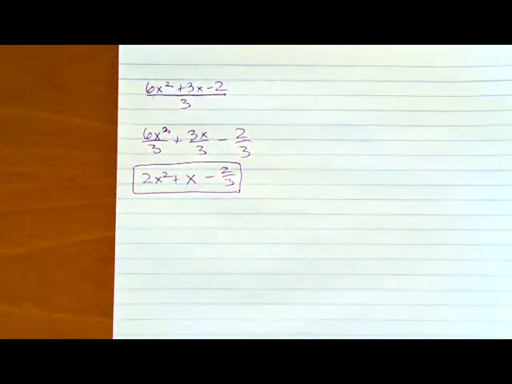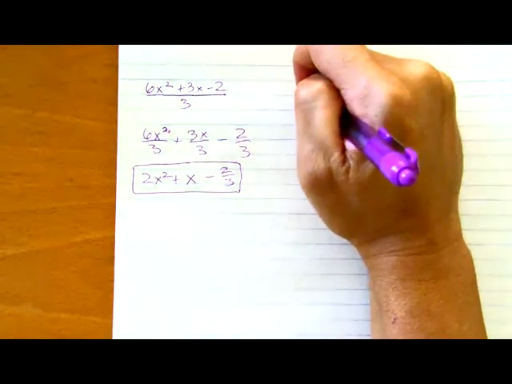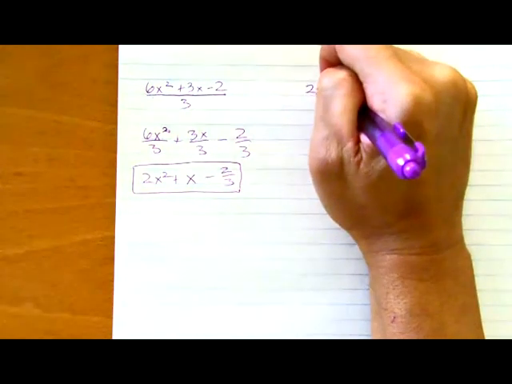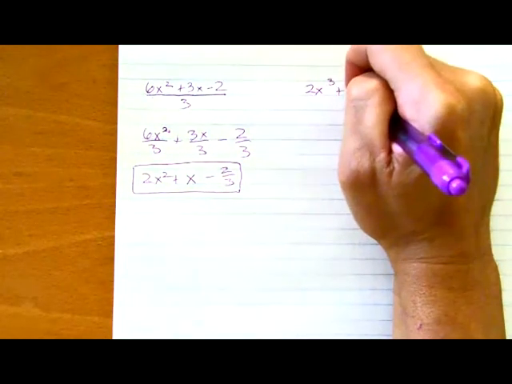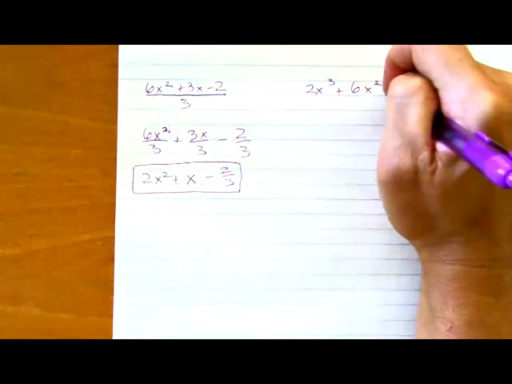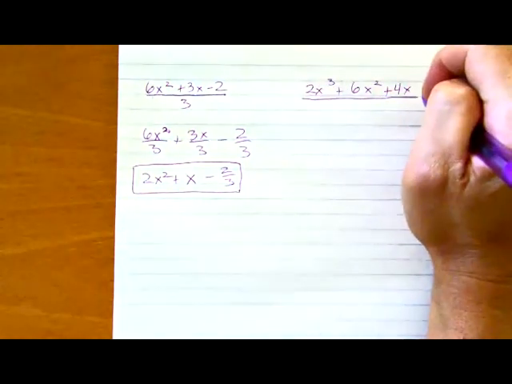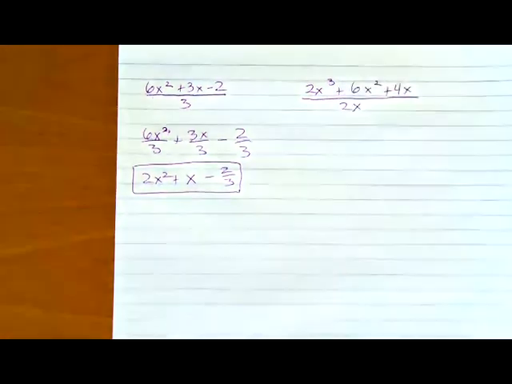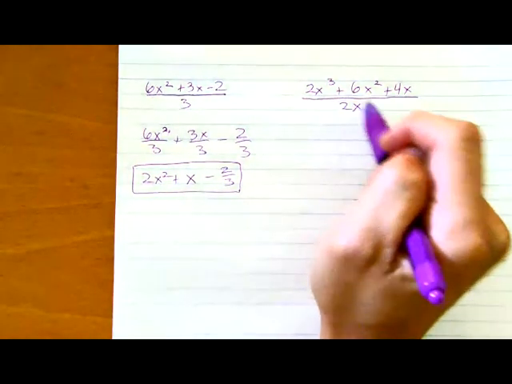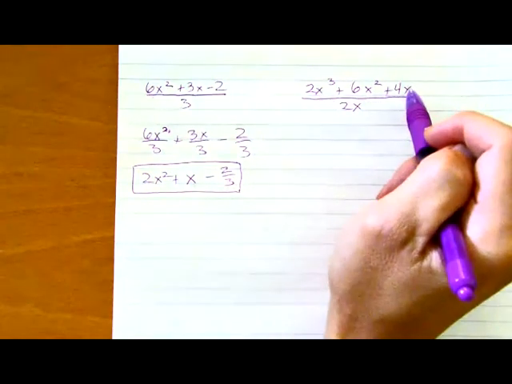Here, let's try another one. 2x to the third plus 6x to the second plus 4x divided by 2x. Same idea. This is one whole term. We are going to divide each of the terms in the numerator by 2x.